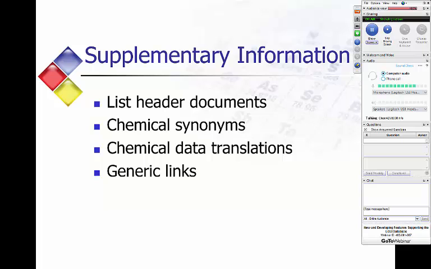In addition to the data itself, there are some important pieces of supplementary information in the database. This is also where many of the recent changes have occurred, so I want to make sure you're aware of these parts. The list header explains who wrote a list, why they wrote it, and how they intend it to be used. Chemical synonyms and chemical data translations are bits of information that are taken from the original source. In the case of chemical synonyms, these are both scientific and non-scientific trade names for chemicals, as well as non-English names for chemicals.